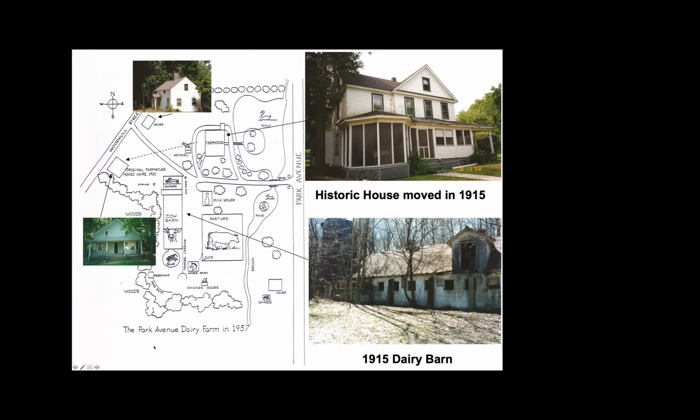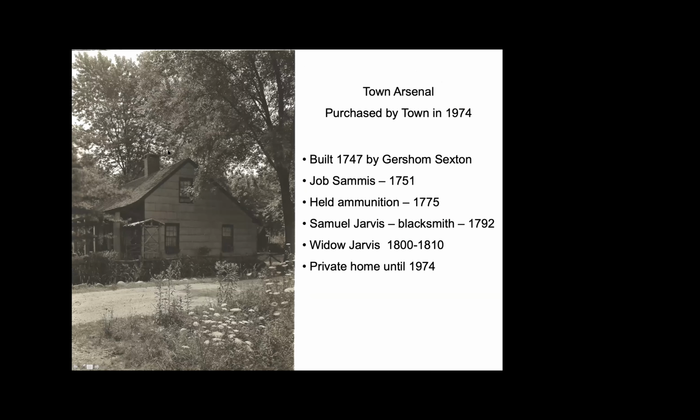And the hope is that the Heritage Trail will come up through the woods and maybe even go right through the middle of the cow barn, out the other side, and down to the Village Green. And on the way to the Village Green, as you hike the Heritage Trail, you would pass the arsenal. The arsenal was originally built as a granary in 1747, and later expanded and used as a residence, converted to residential use.